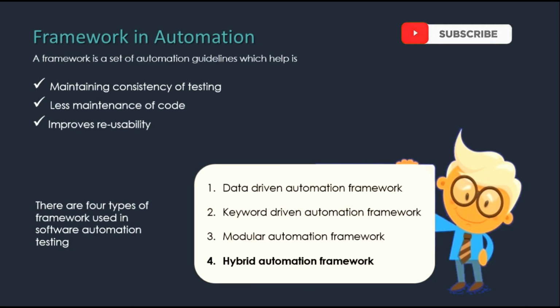There are 4 types of frameworks used in software automation testing. The first one is the data-driven automation framework, the second is keyword-driven, the third is modular automation, and the fourth is the hybrid automation framework. The hybrid automation framework is a combination of the first 3 frameworks. In this series we are going to create a hybrid automation framework using those tools.